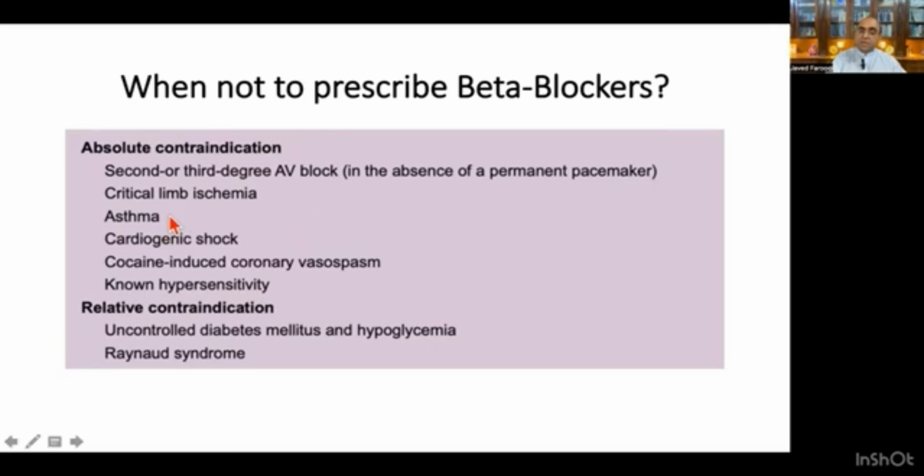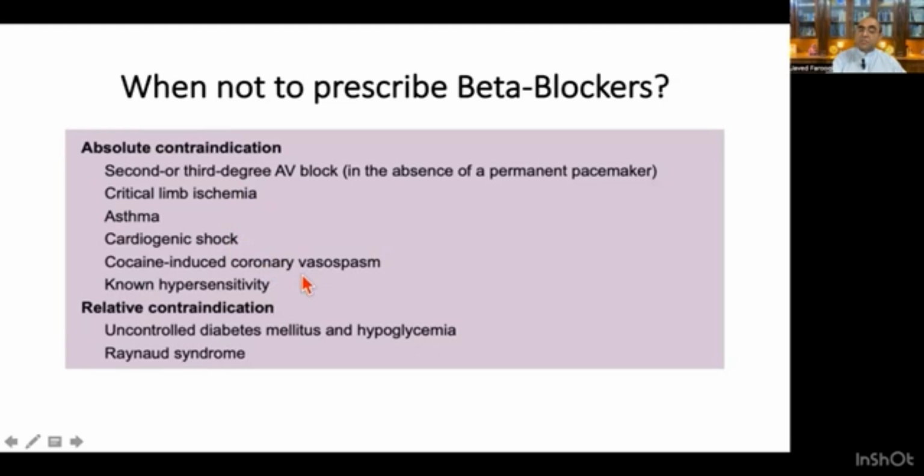Asthma is a very common condition. So asthmatic patients should not be prescribed beta blockers, and this is very, very important. If the patient has cardiogenic shock, because these are the comorbid conditions, again beta blockers are contraindicated.